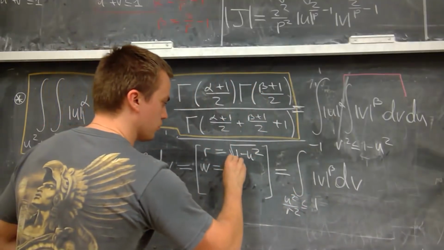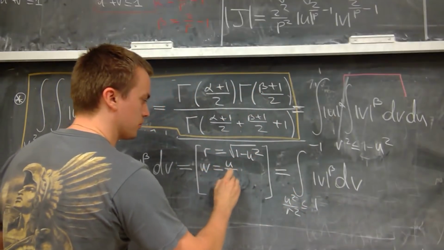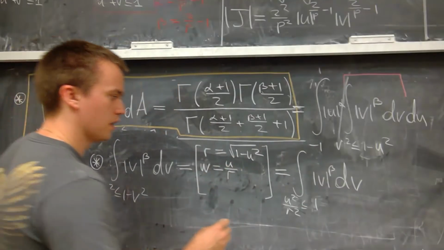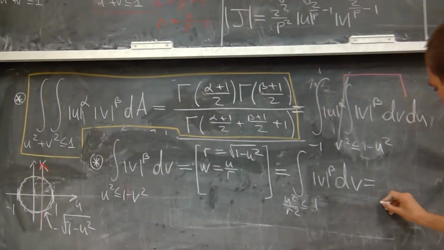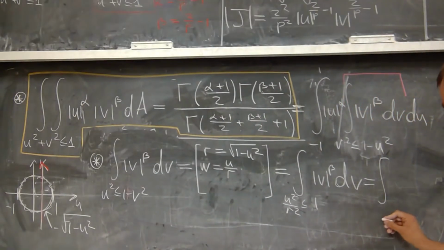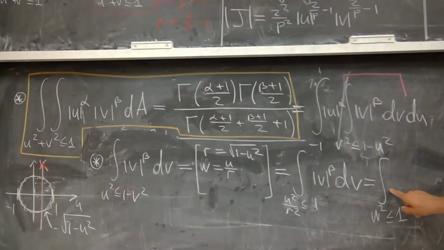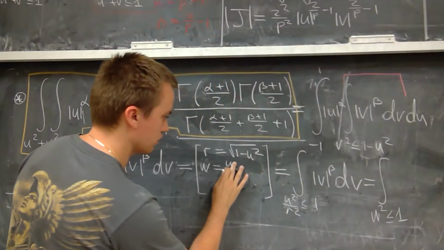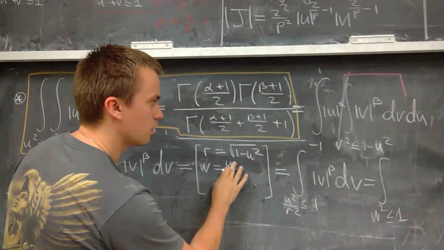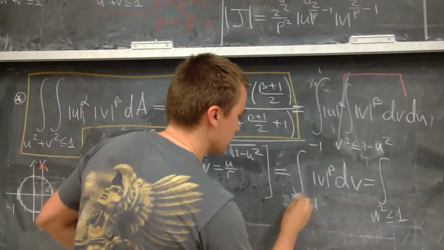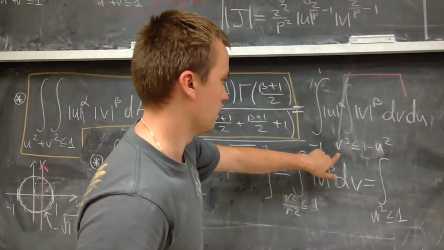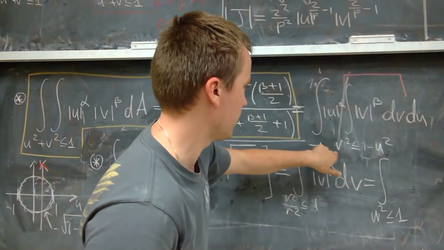So you can see if I make w equal to v over r, then I will write this integral as an integral over w squared less or equal than 1. And then here I need to change my v in dv. Oh, sorry, again a mistake. It's v, it's not u, because this is my r, so I divide v by r.